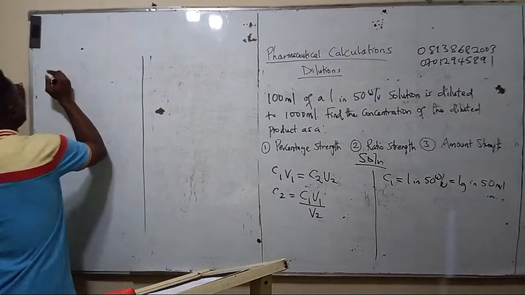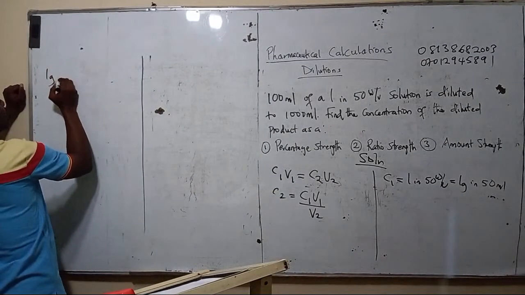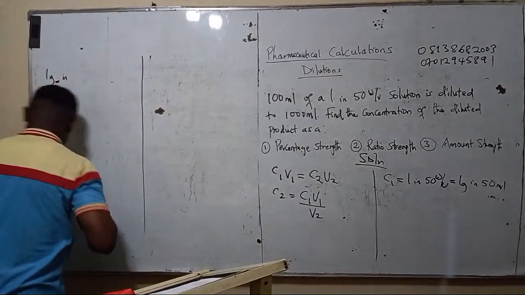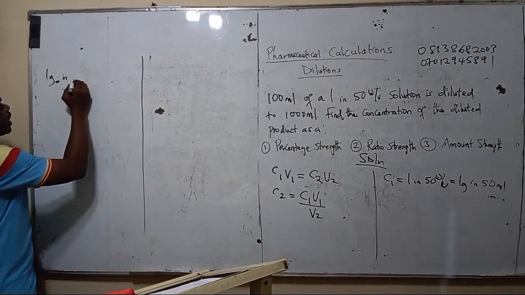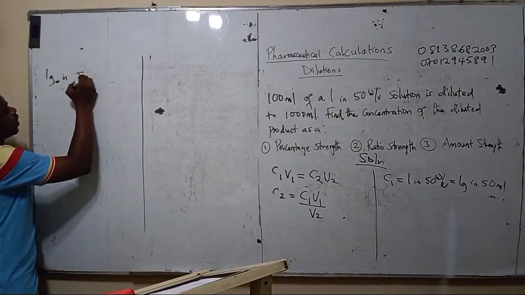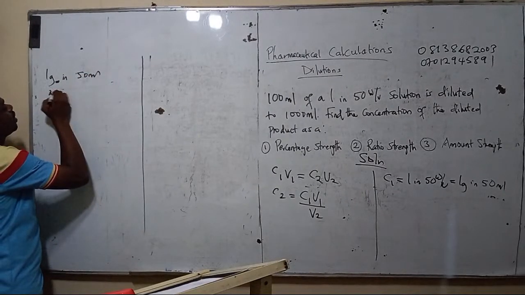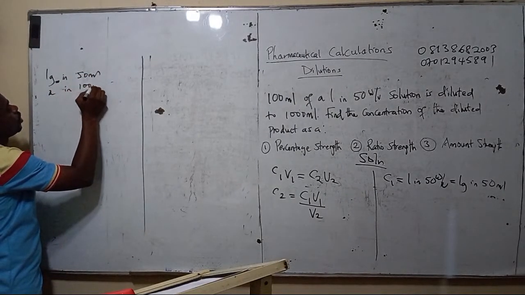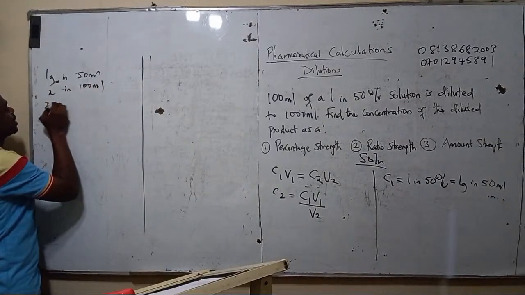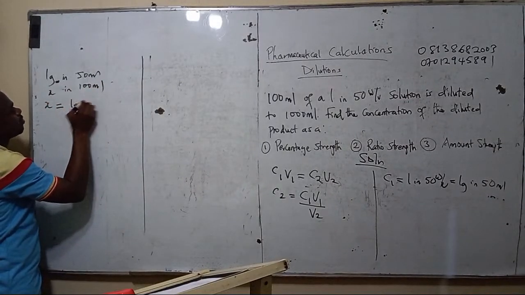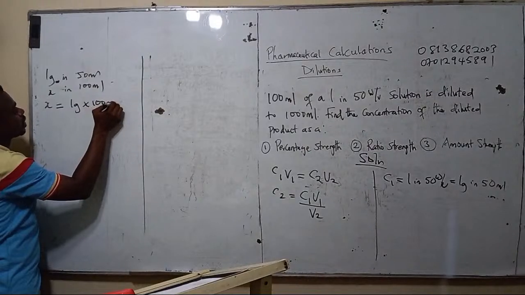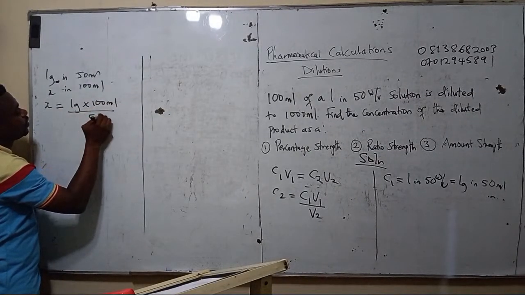So if we have 1 gram in 50 mL, how many do we have in 100 mL? That means x becomes 1 gram times 100 mL over 50 mL.